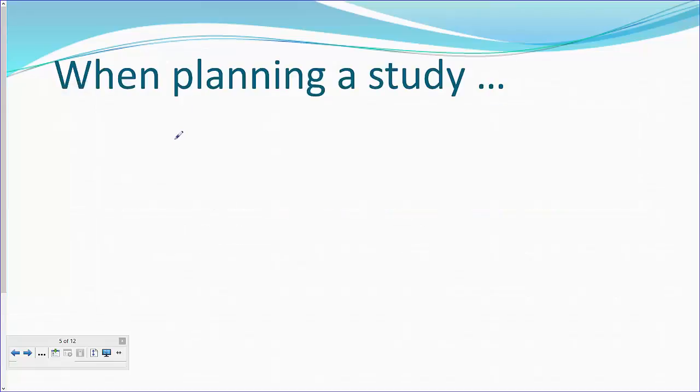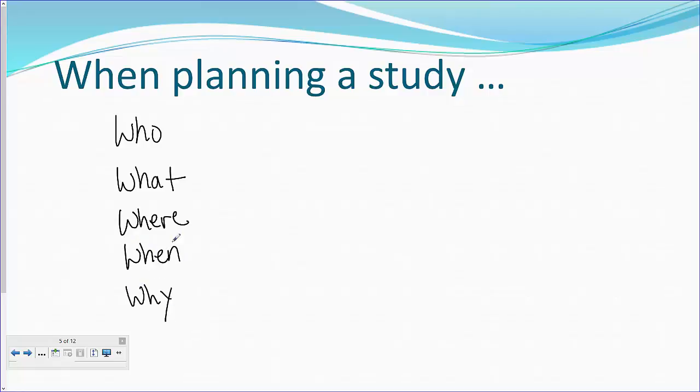One of the things before we go, when we're planning a study, it's really important for us to think about the same things that we've learned whenever we're asking questions. You probably remember these from your elementary language classes: who, what, when, where, why. Especially these first two.